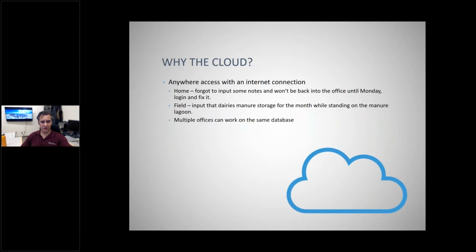Multiple offices can work on the same database, and we're not talking just offices, you can do users as well. And one of the big things I do like about the cloud databases is they do the maintenance on the back end. You don't actually have to make sure Access is running correctly. You don't have to do the upgrades, the updates, and all that kind of stuff. They do it for you.